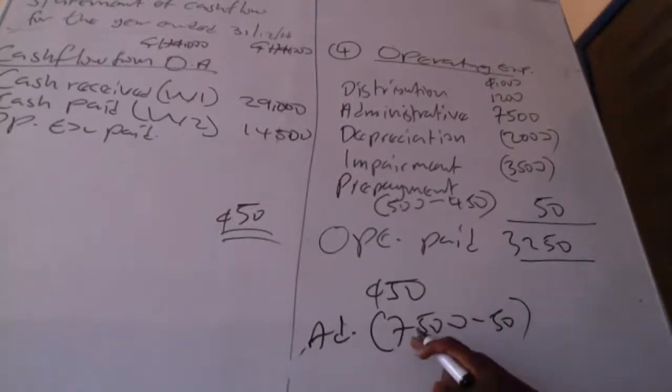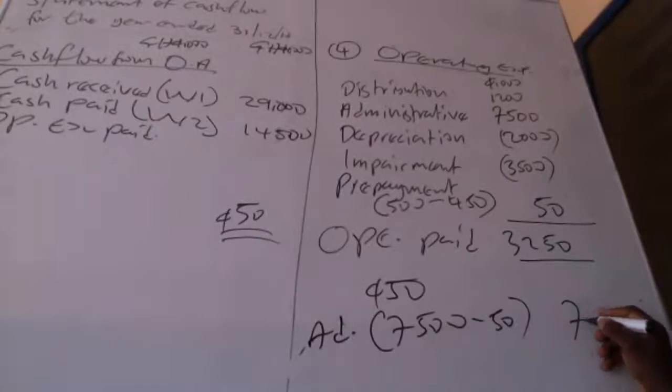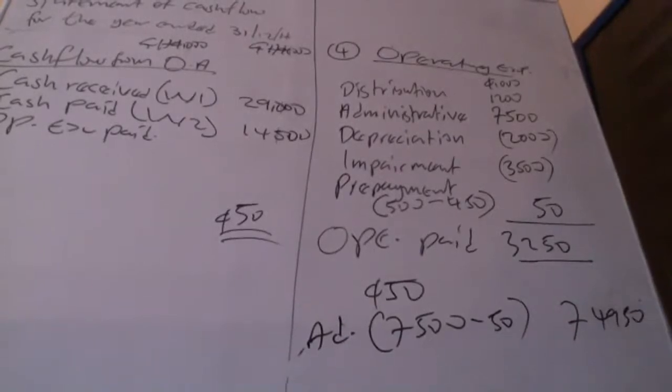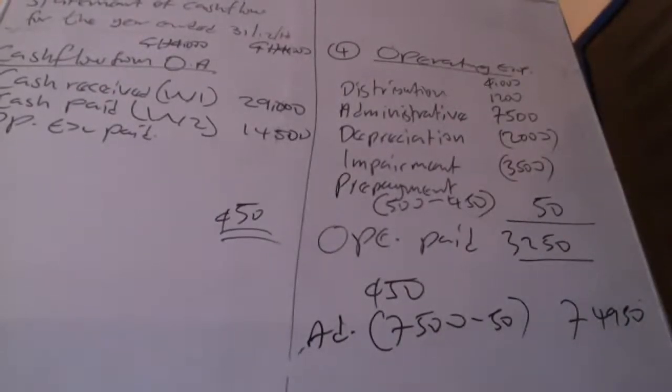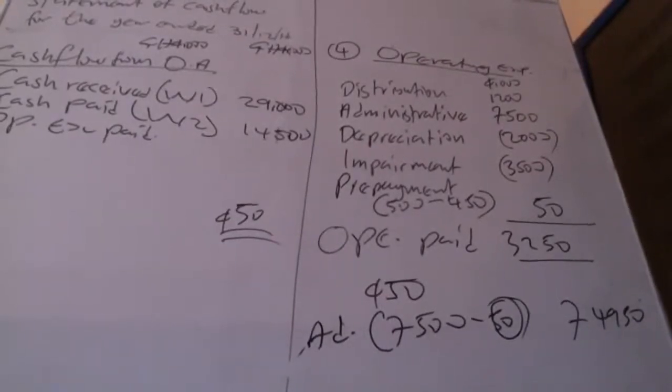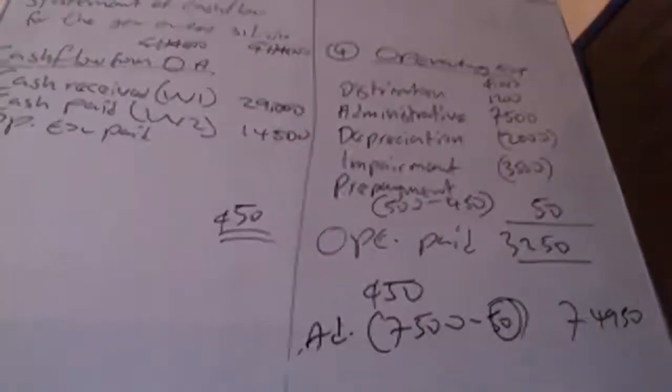So they've subtracted it. So now you have 7,450, right? Good. Meanwhile, you have paid, though. You have paid the prepayment. It's not that you are owing. You have paid. Money has moved out, but you have subtracted it.